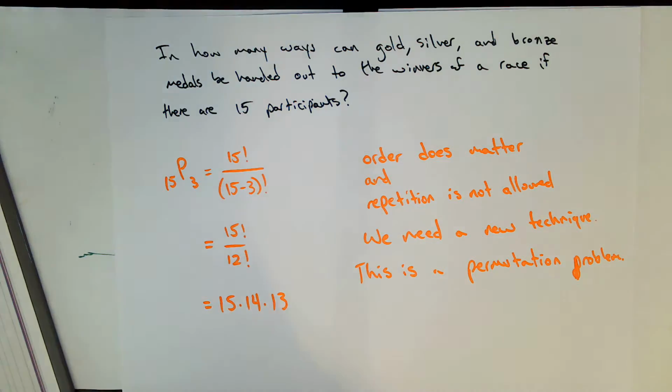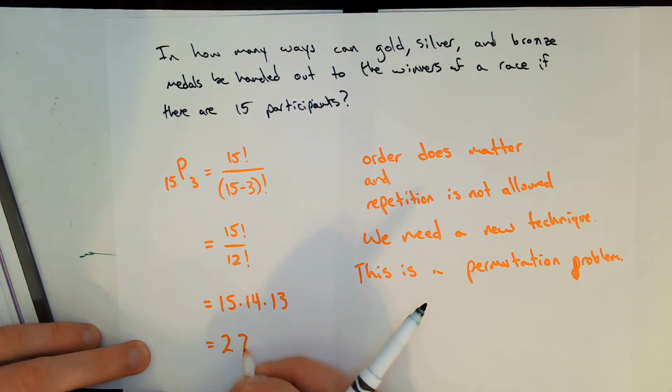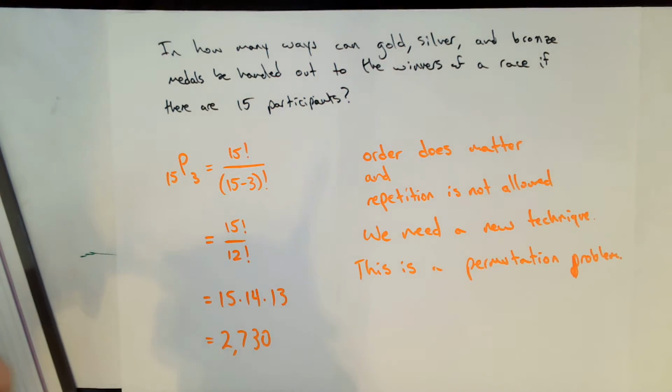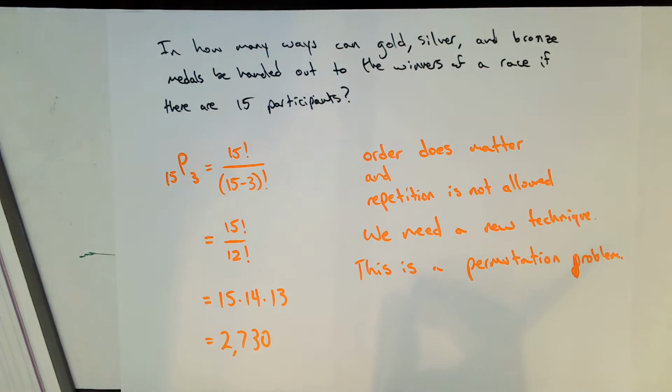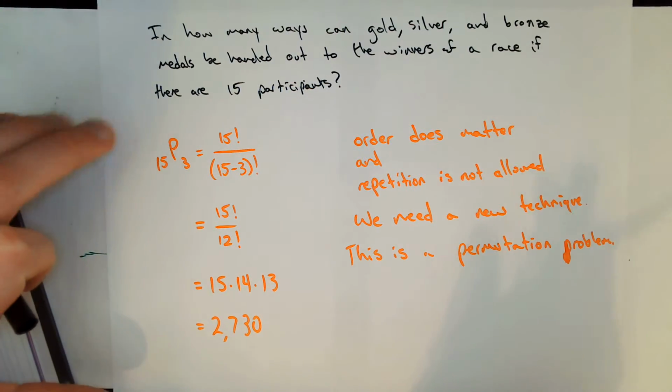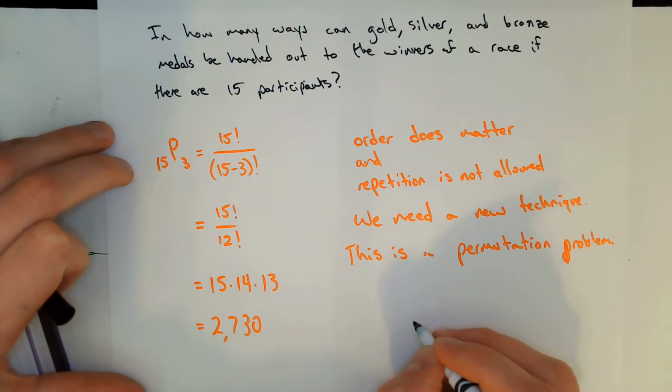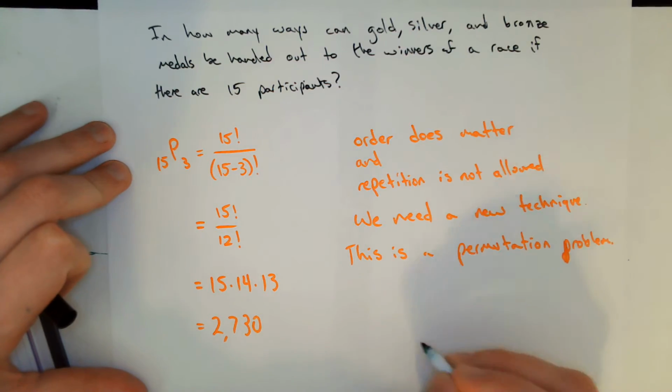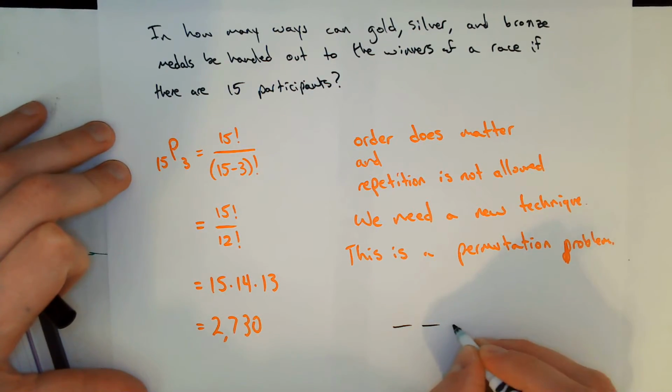Oh, let me calculate this for you just so you can go ahead and write it down. This is 2,730. But if you fell back on techniques from 7.2 part 1, you may have said, well, there are going to be 3 winners, right? Gold, silver, bronze.